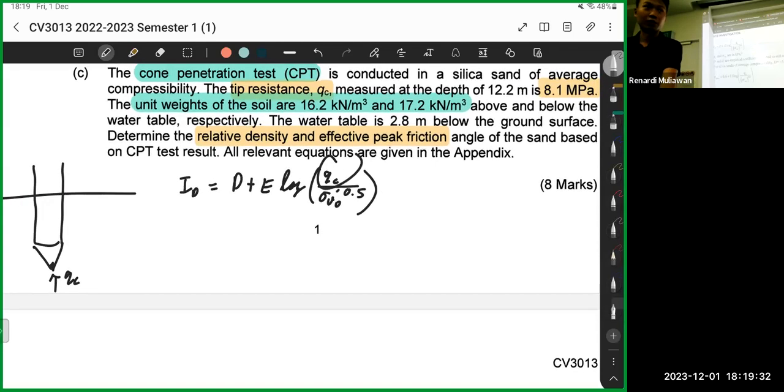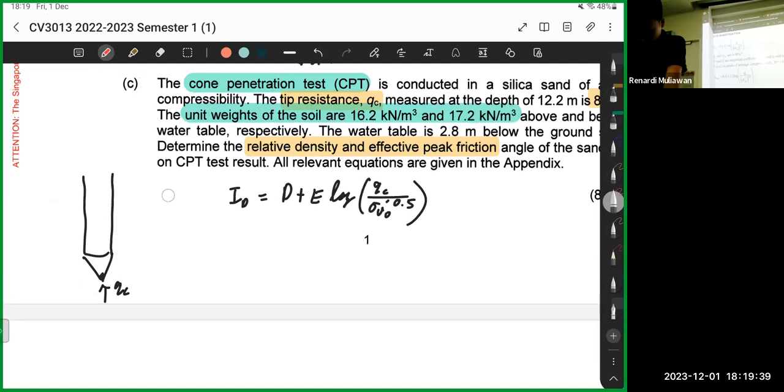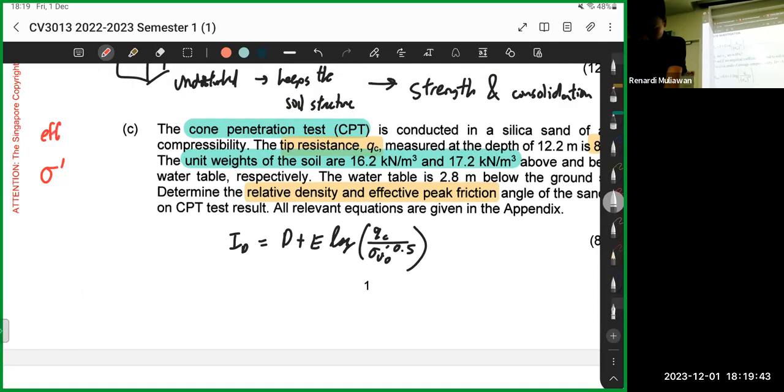We are given QC, so we know what QC is. Now what's this? How to read this, right? Sigma prime means effective stress. V means vertical. 0 means initial. So initial vertical effective stress.